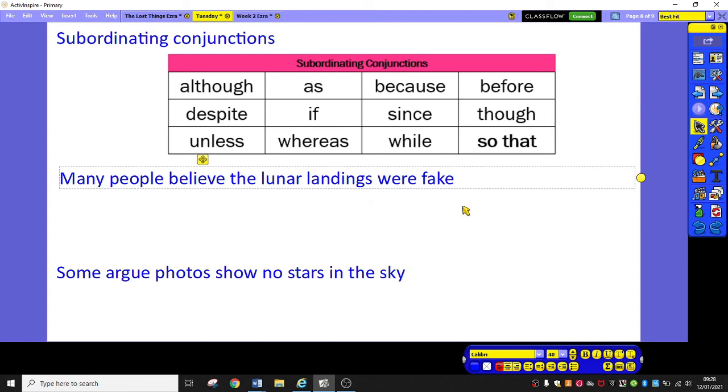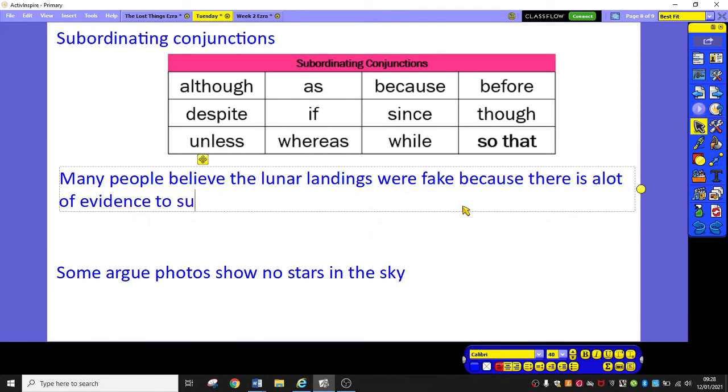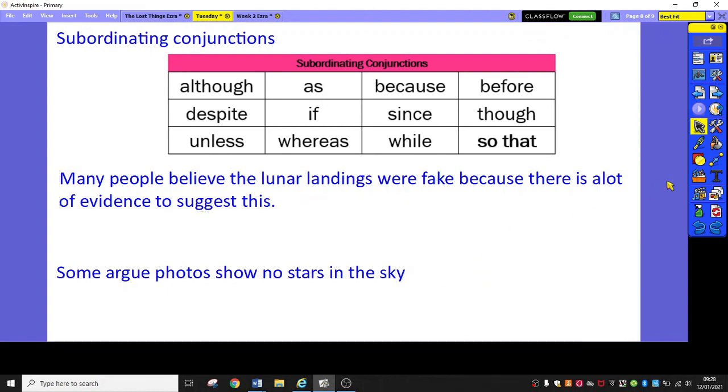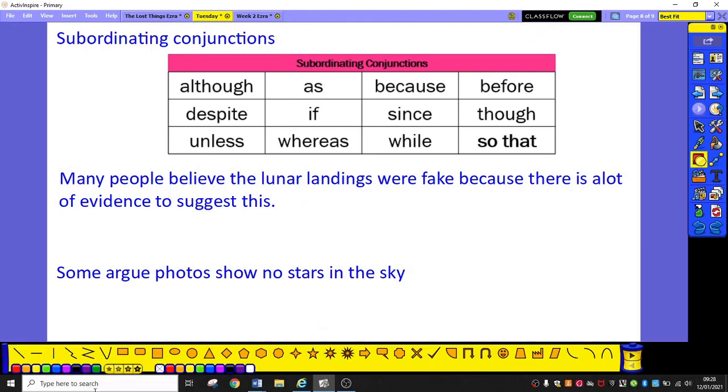So, many people believe the lunar landings were fake because there is a lot of evidence to suggest this. So what have I got here? I've got my main clause, the lunar landings were fake.